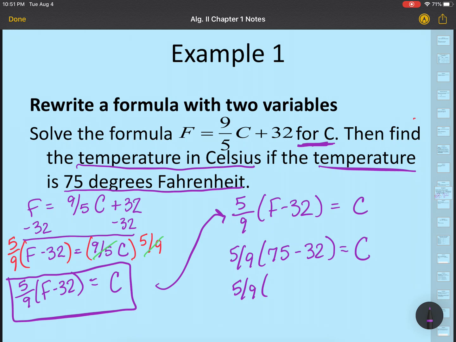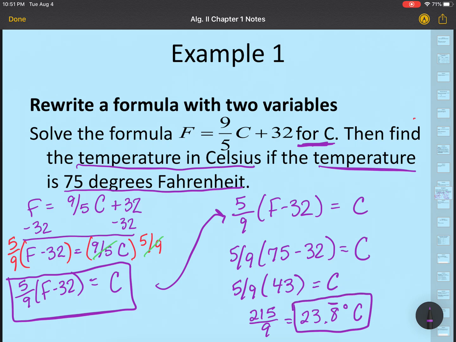That is 43. And the last thing I need to do is take 5/9 times 43. And that's 215 divided by 9. But that's really 23.8 repeating degrees Celsius. So there would be the same temperature in Celsius as 75 degrees Fahrenheit.